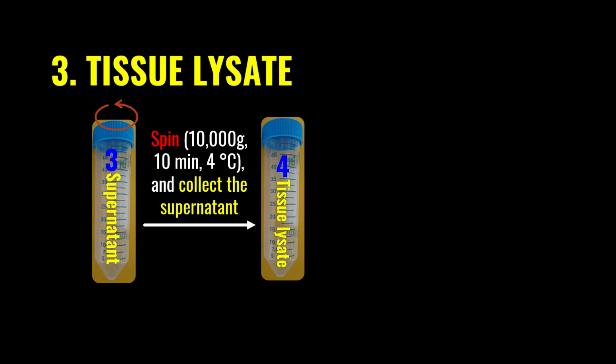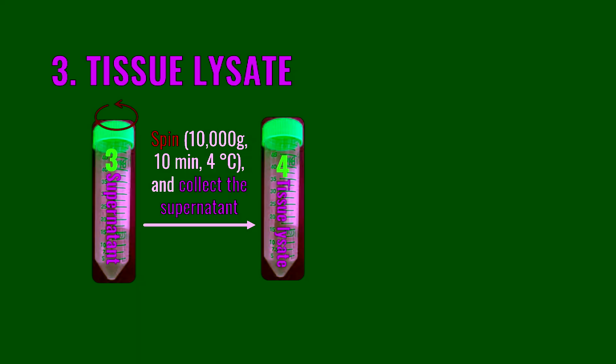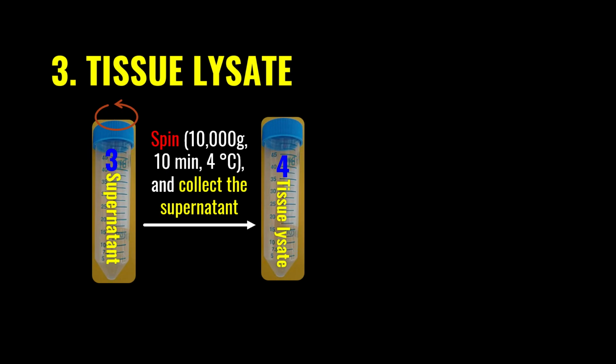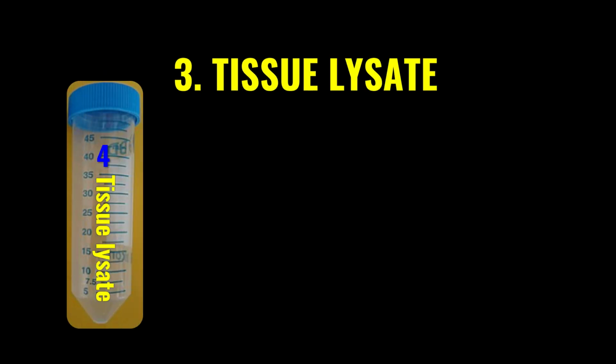This is called tissue lysate or crude lysate, and this will be used for the measurement of total protein in the sample. So this is the final sample, tissue lysate or crude lysate, whatever you call it.